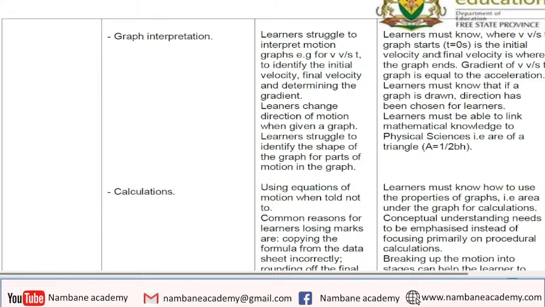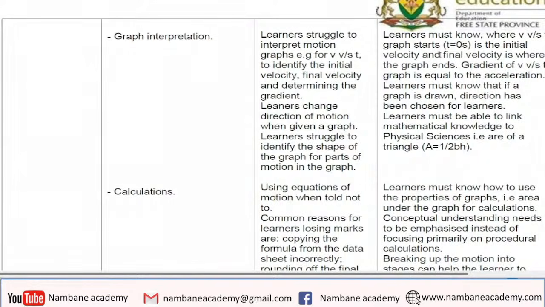As positive, and then we use that choice of direction to answer our question. Because whenever a velocity versus time graph, or rather any graph, is given to you, it means direction has been chosen for you, and then you must follow that. That is very, very important.